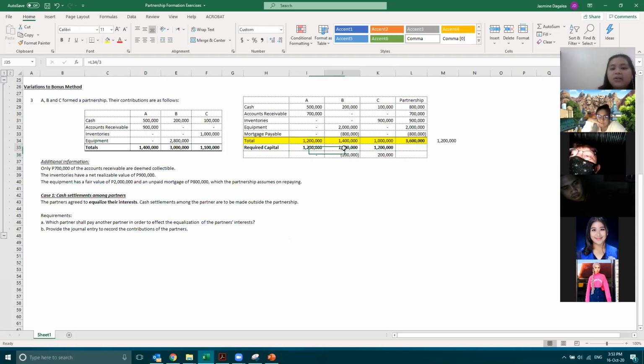Since si B naman, nag-contribute ng 1,400,000, then yung required capital contribution niya lang is 1,200,000. May receivable siya from C na 200K. Si C naman, 1 million lang yung net capital contribution niya, but yung required capital is 1,200,000.